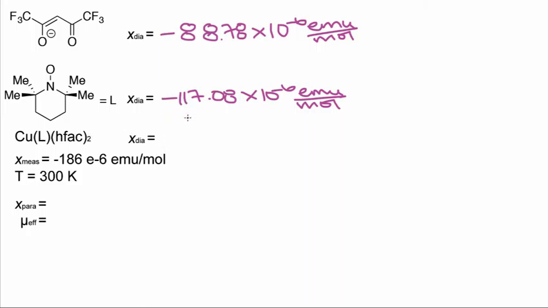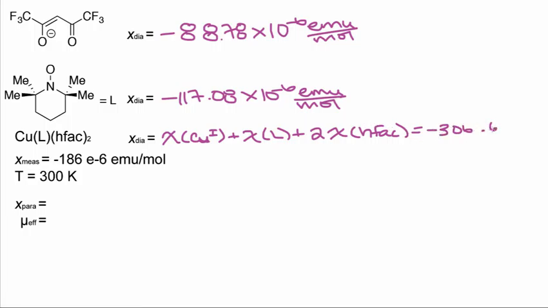If we add up all of these diamagnetic corrections together, we'll have the contribution of the copper(I) plus the contribution of the TEMPO plus 2 contributions from hfac, which if we add all of those values up gives us negative 306.64 times 10 to the negative 6 emu per mole.